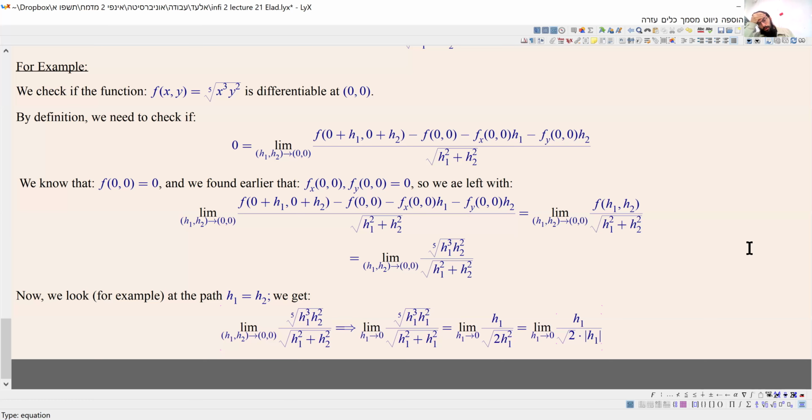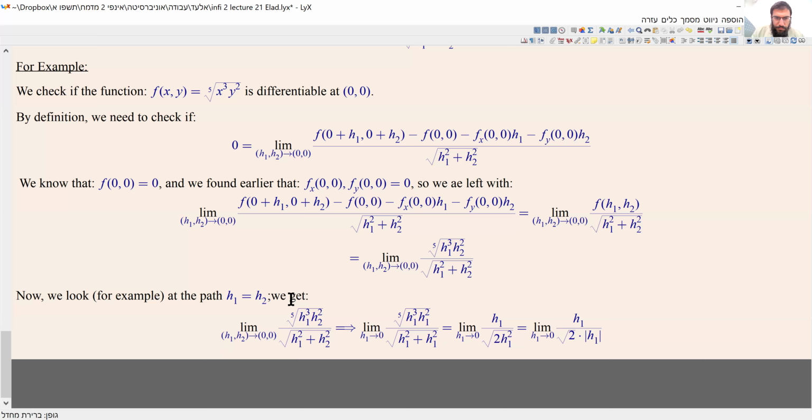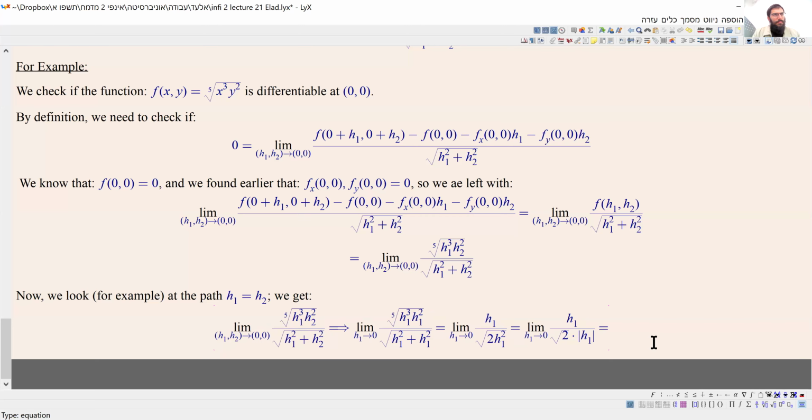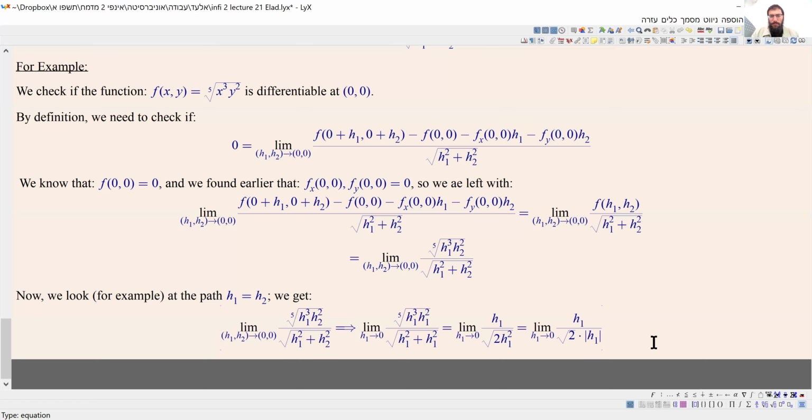Now, one can say, you know what, when you come from h1 plus, h1 minus, you get different results. But yet again, we only need to show that the limit is not 0, which is not very hard here. We could just say, you know what? We look at positive h1. Why not?